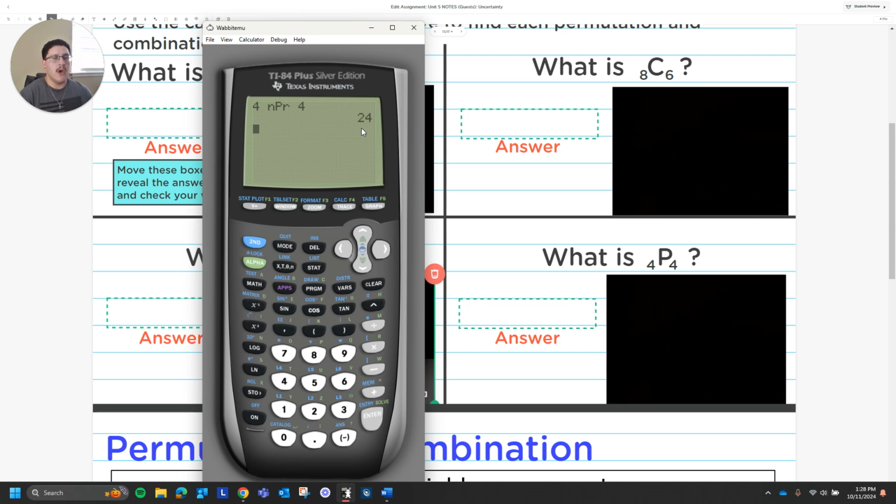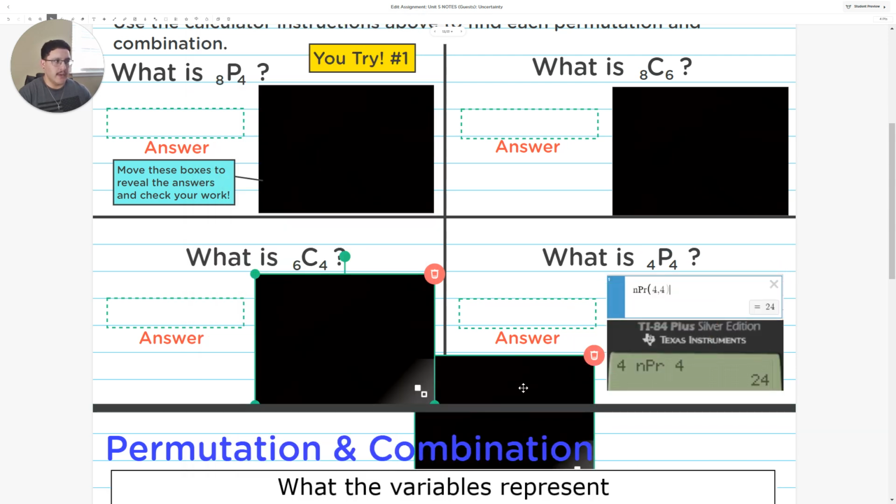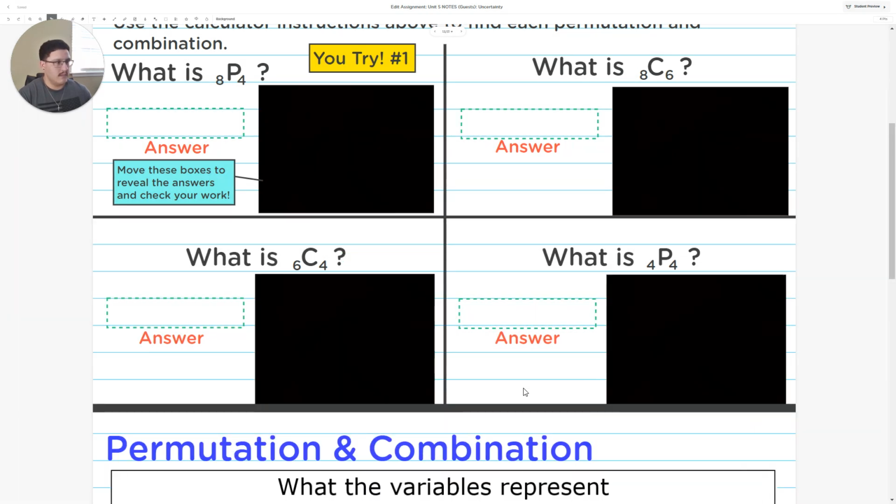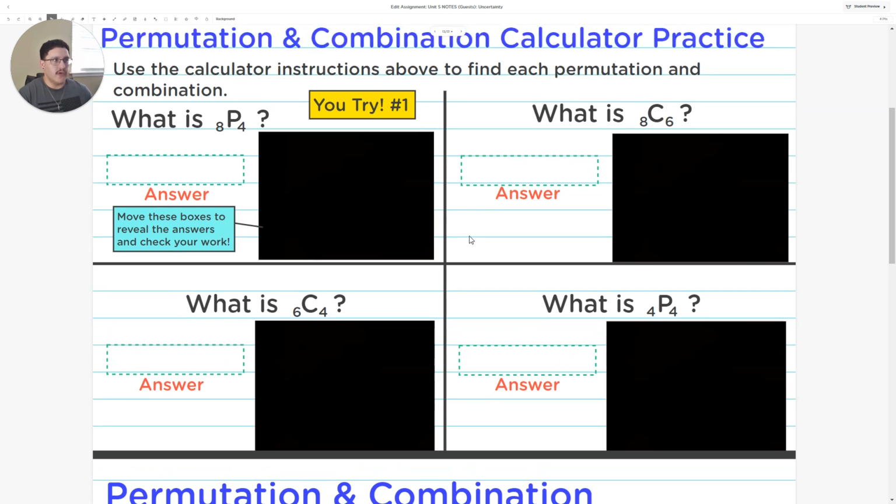Remember, combinations, order does not matter. Permutations, order does matter. And so when you do permutations, expect bigger numbers. When you do combinations, expect them to be more subdued. But either way, 24 is your answer. And that's it for you try number 1.